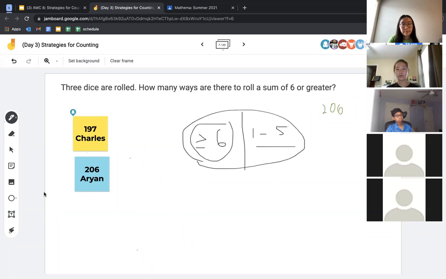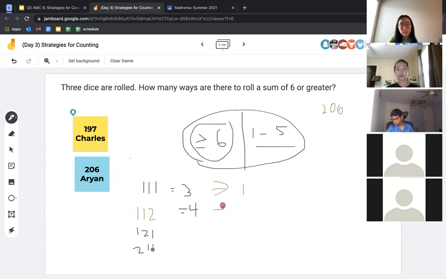Okay, so first there's one way to get 3, so it's 216 minus 1. And then to get 4, you could do 1, 1, 2, and there's 3 combinations for that, since 2 could be in any of the 3 places.